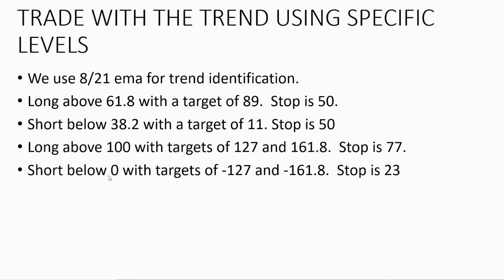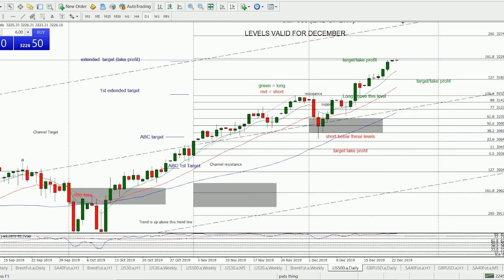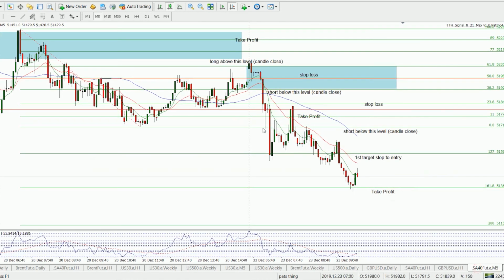Short below 0 with targets of minus 127 and minus 161.8, stop is 23. So long above 100, 127, 161, stop initially would have been at the 77. Short below the 0, target 161 initially, stop was at 23. Didn't stop out there.